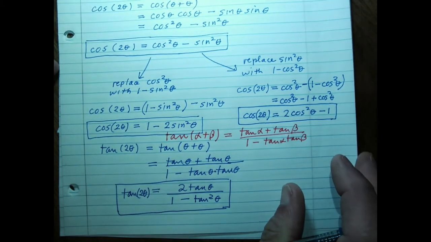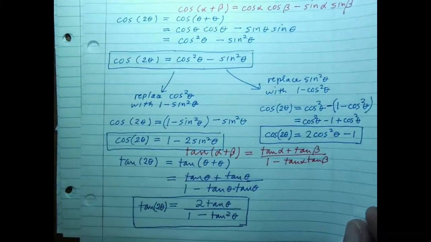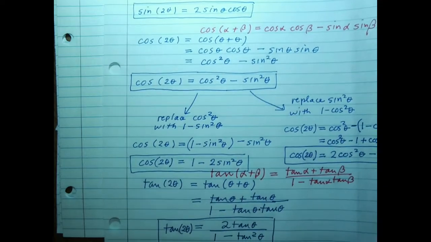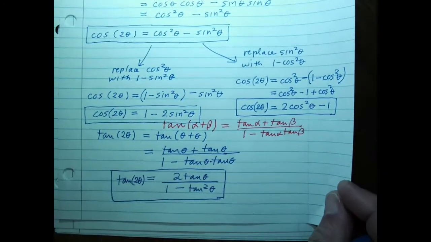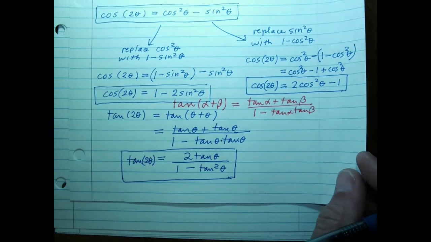Now before we do some problems, I'm going to take this a little bit further. So there's our summary of identities. We start with sine 2 theta, cosine 2 theta. We have 3 versions. And then we ended up with the tan 2 theta identity. I just want to derive a couple more formulas called the reduction formulas.